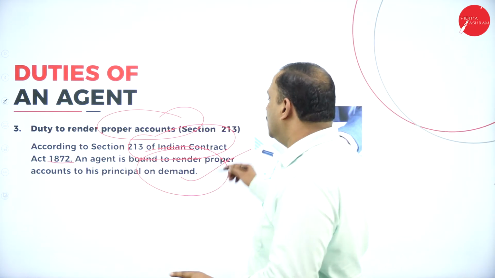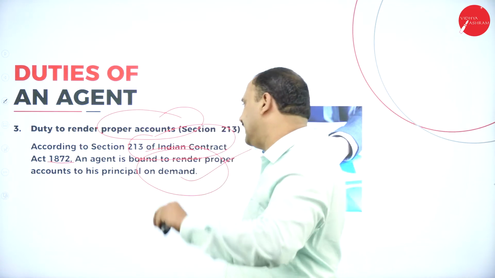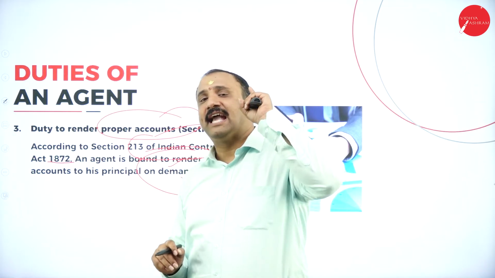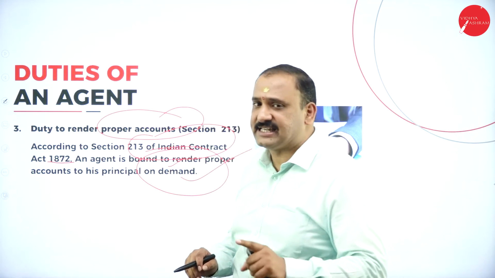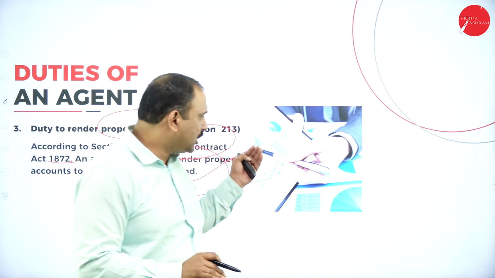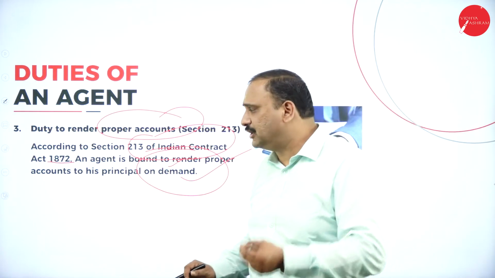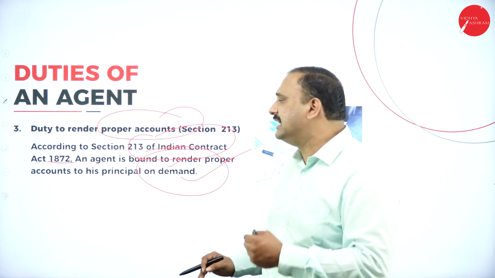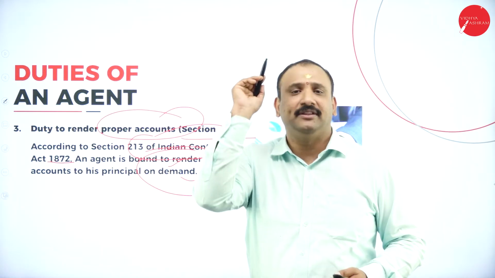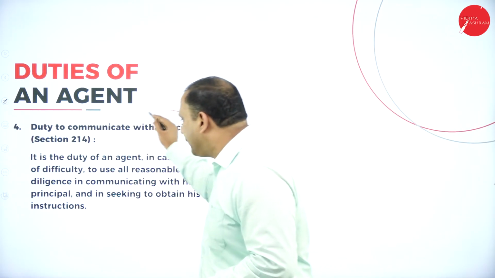It means he has to give a complete, detailed status of his accounts, what he has used and how he has used it. All those details have to be given on time. So that's why we say it is a duty of the agent to maintain proper accounts, and this is given under section 213.